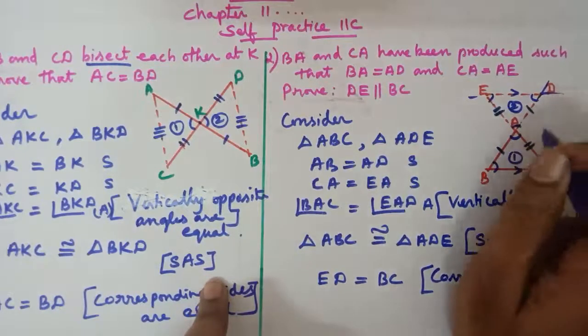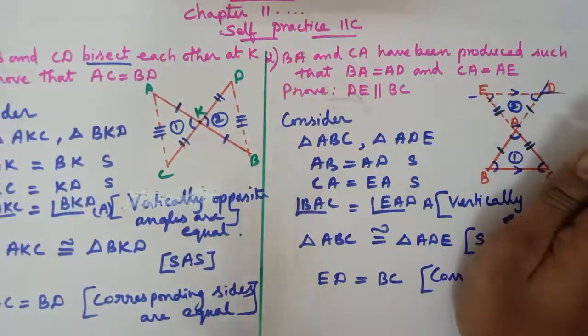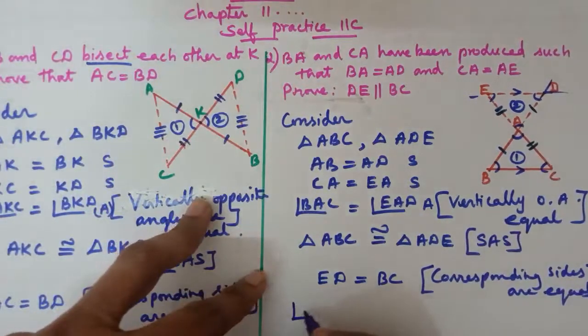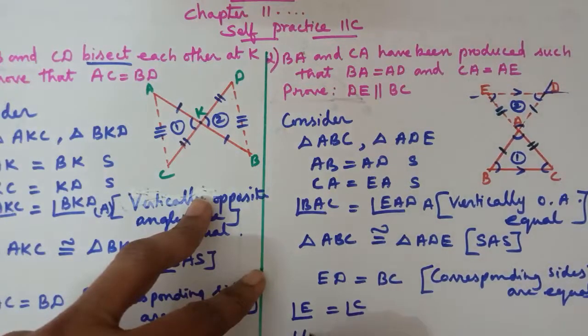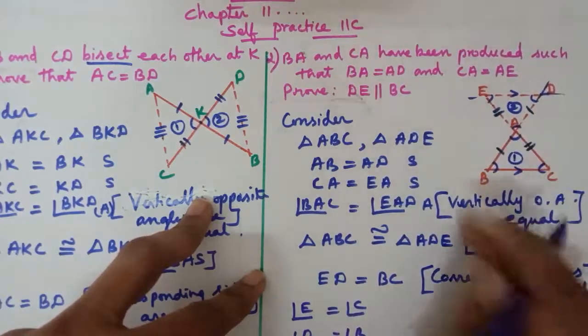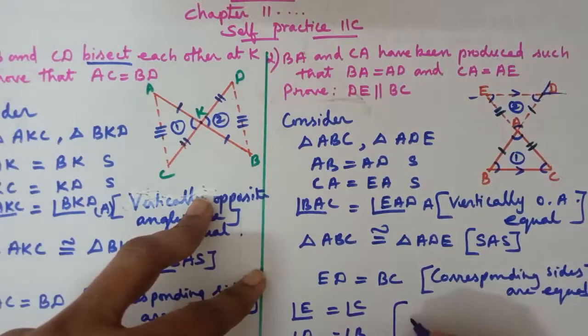If alternate interior angles are equal, then those lines are parallel. So we can write angle E equal to angle C, angle D equal to angle B.